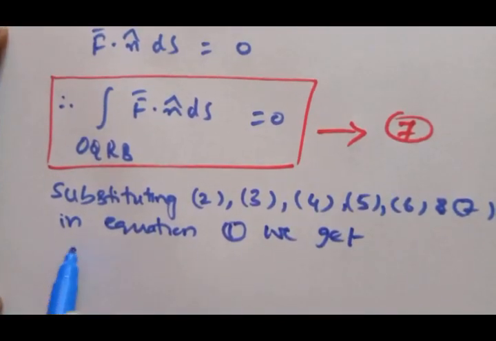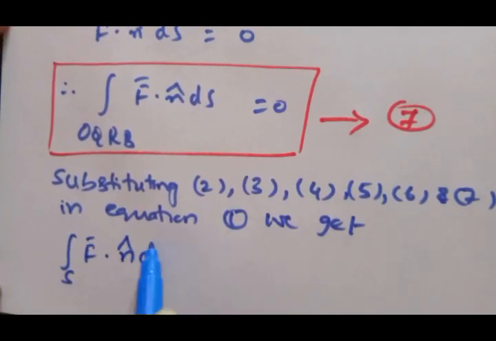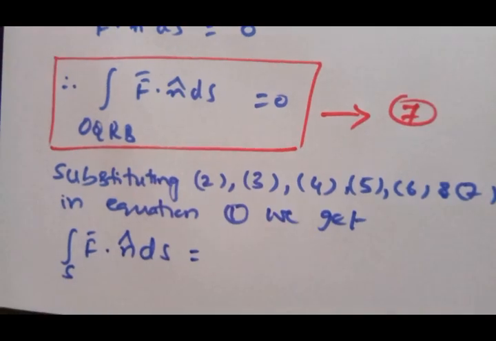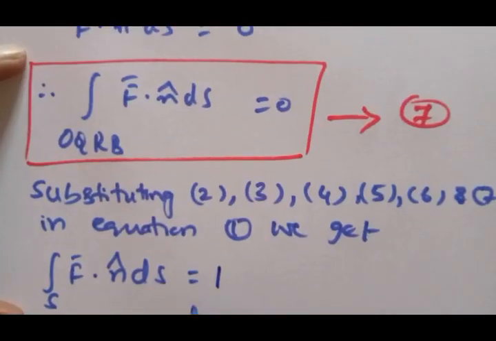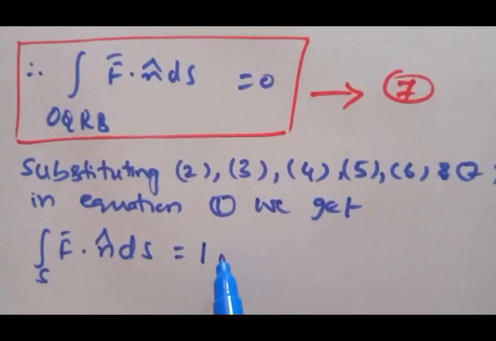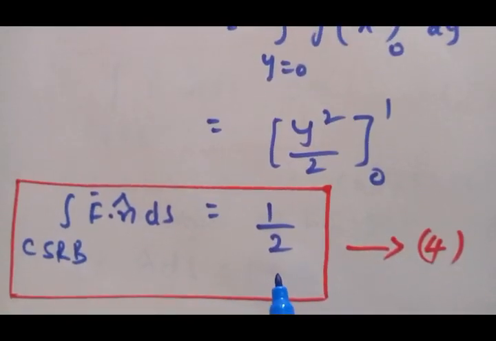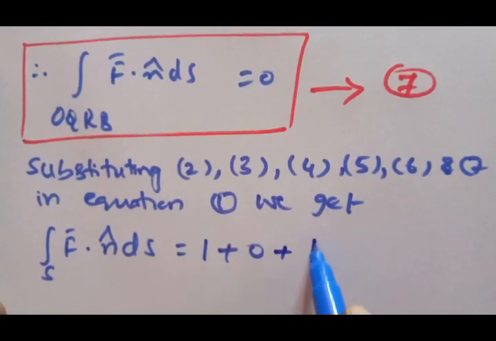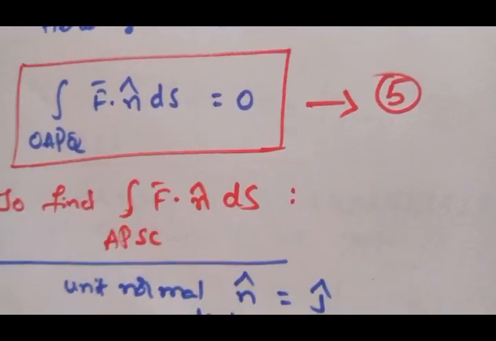Therefore, the integral over s of f bar dot n cap ds is equal to: in equation 2 the value is 1. In equation 3 the value is 0 plus 0. In equation 4 the value is 1 by 2. In equation 5 the value is 0.